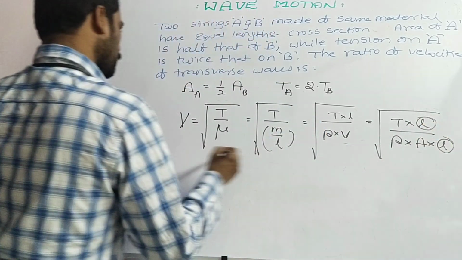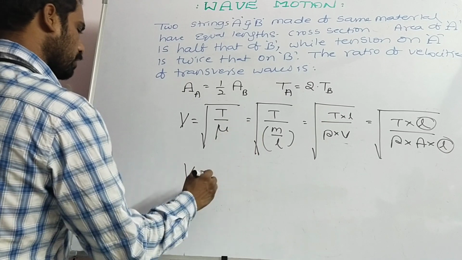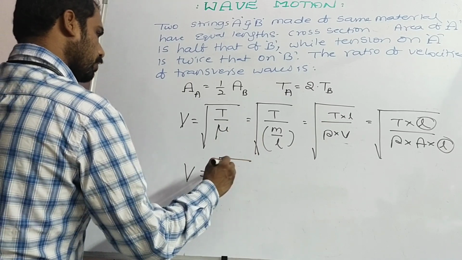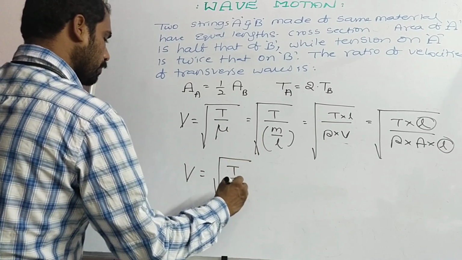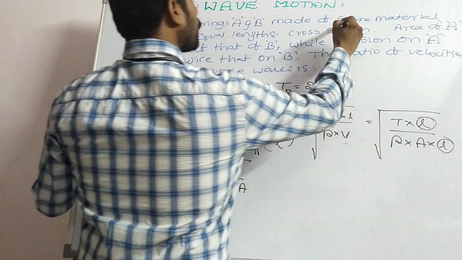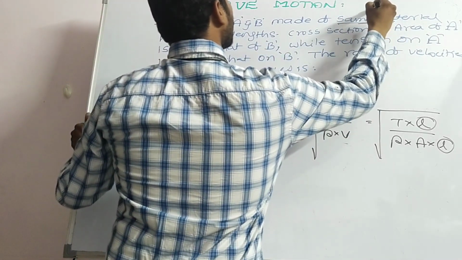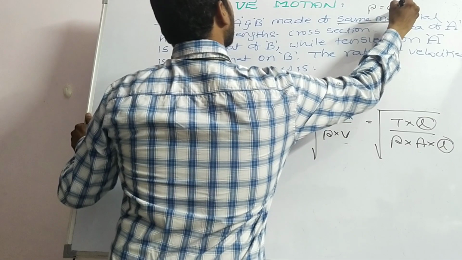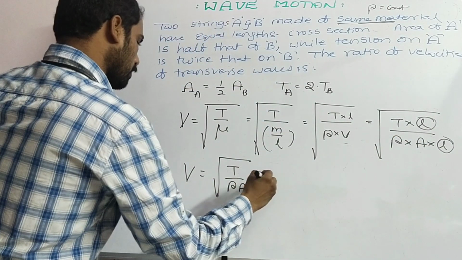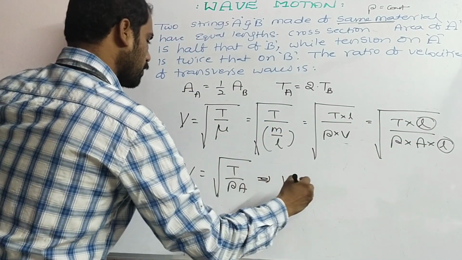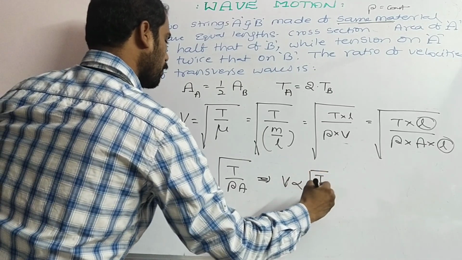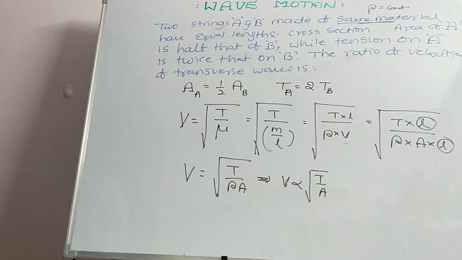L gets cancelled. So finally we can write V is equal to root of T by rho into A. But made up of same material is given, no? So density is constant. That implies V is proportional to root of T by A.